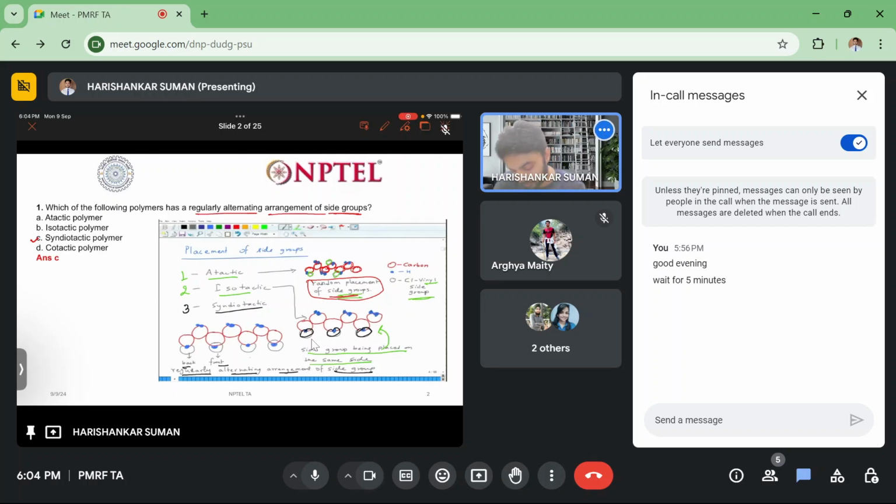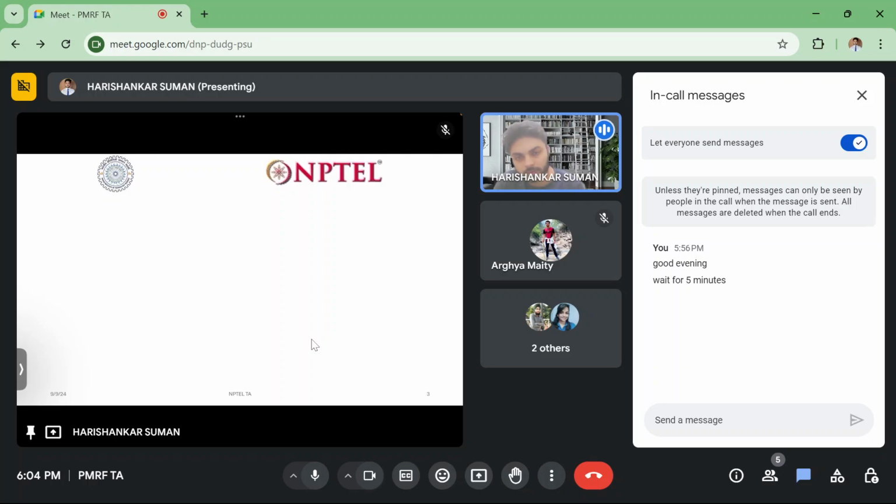Okay, so this is the first question. Second question: the repeat units in nylon are linked together by aldehyde group, amide group, hydroxyl group, or amine group?